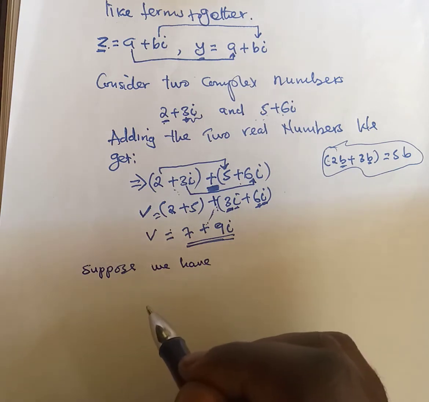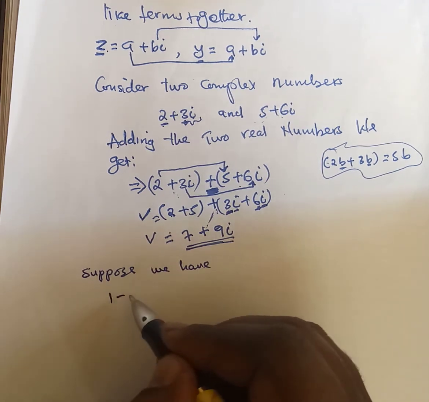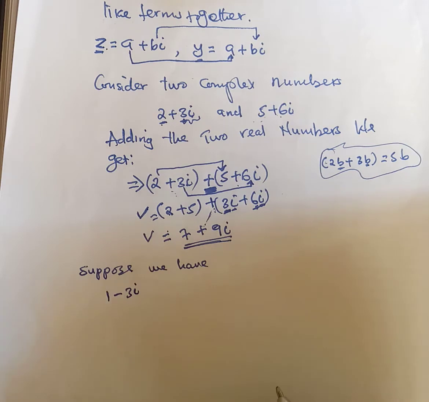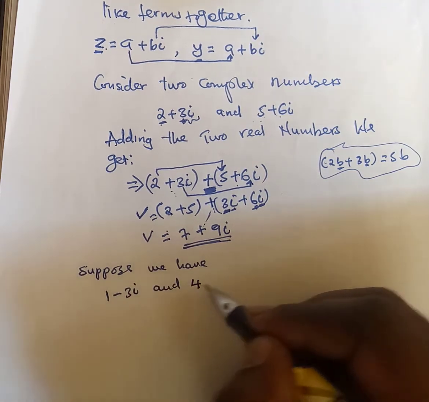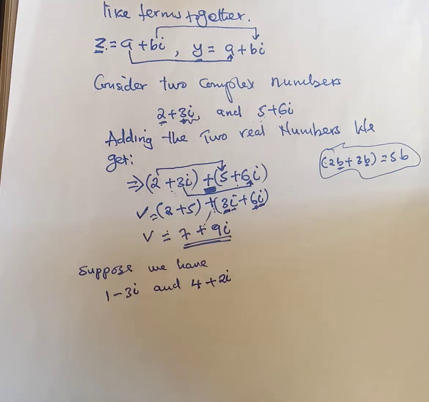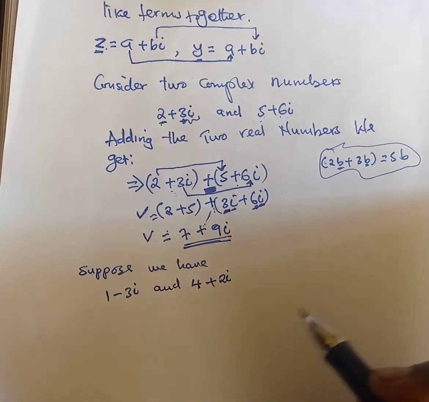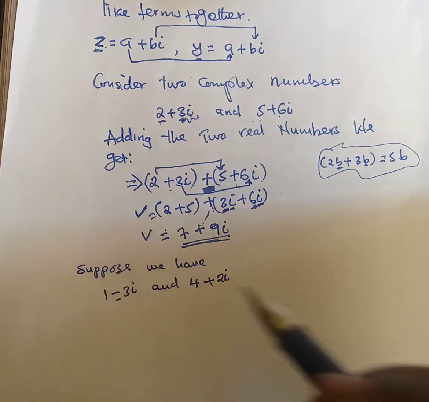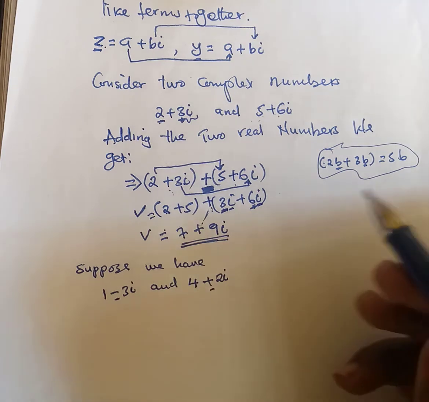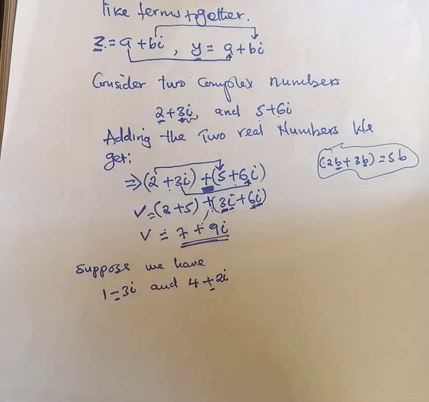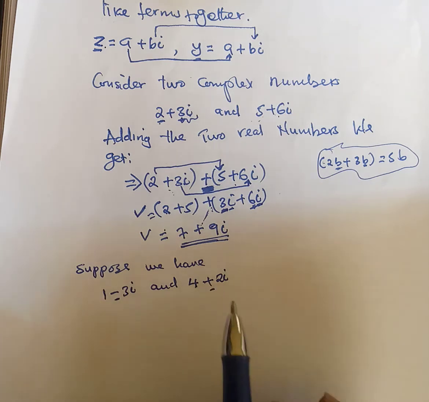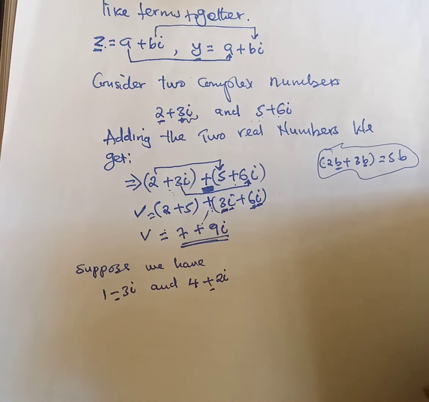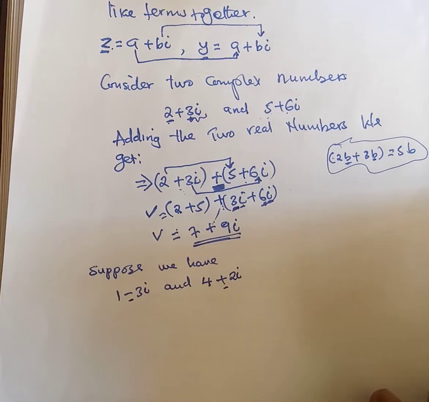We have 1 minus 3i, and then of course another complex number as 4 plus 2i, right? 1 minus 3i and 4 plus 2i. Of course, the sign between the real and the imaginary part can be plus or minus. That's what I have said. A complex number is made up of two terms, and terms are separated either by addition or subtraction.